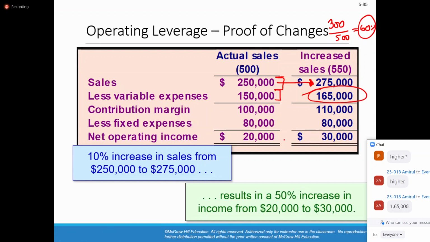It is an increase of 10,000, but in terms of percentage, it is 50% more than this 20,000. Can you recall that we mentioned in the interpretation of degree of operating leverage, if my sales go up by 10% because the degree is equal to 5, our net operating profit will go up by 50%. So this is the way we can verify what we have solved.